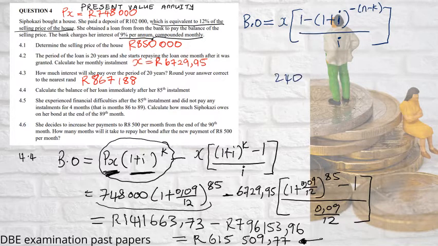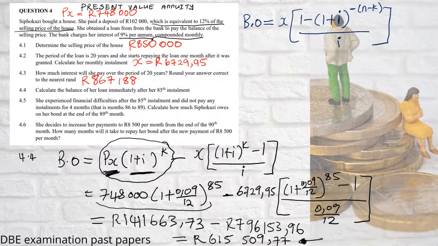240 installments. So to get the balance outstanding, let's use the present value annuity and see how much her loan will be if she has already made 85 installments. From the total number of payments, how many payments are left? We just say 240 minus 85, which gives us 155 payments that still need to be made. Let's now calculate the loan amount, so let's use that formula.